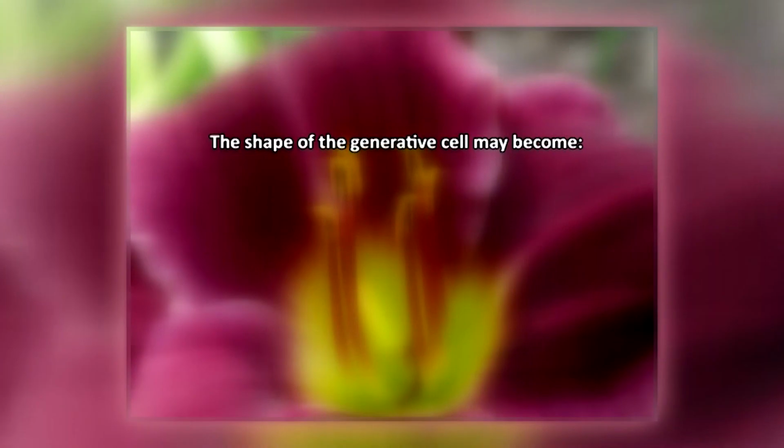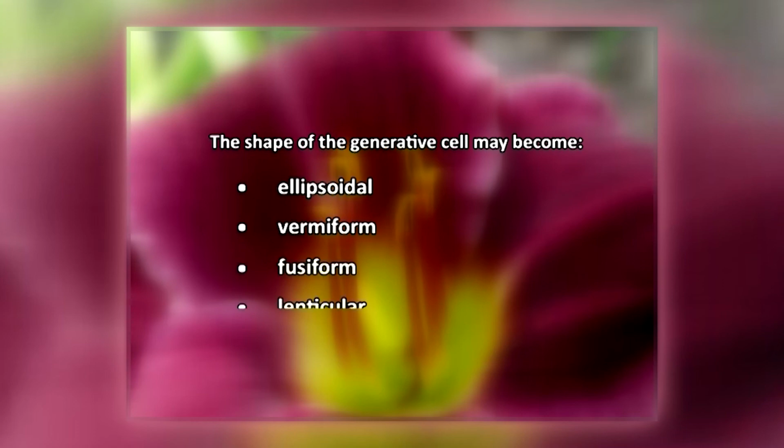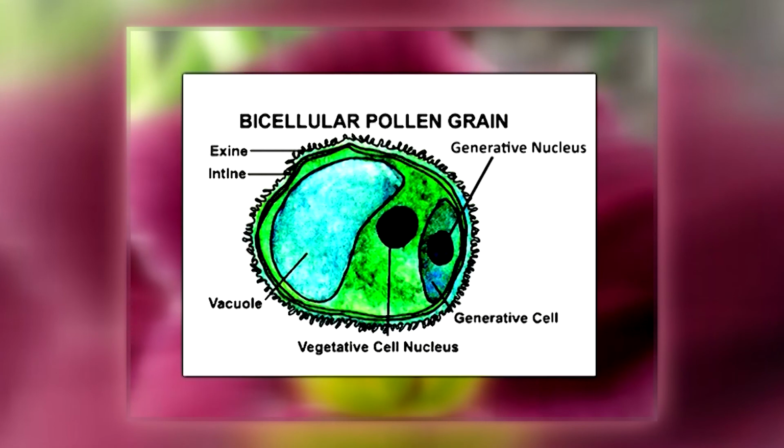The shape of the generative cell may become ellipsoidal, vermiform, fusiform, or lenticular at different stages of development. The elongated form of generative cell, however, facilitates its passage through pollen tube.